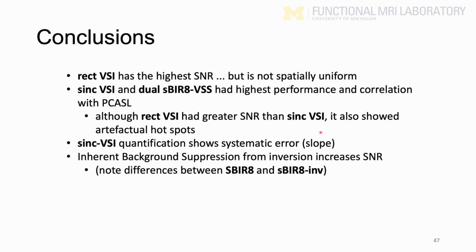But one of them seemed to underestimate the flow a little bit, and the other to overestimate it a little bit. Not too bad. One feature we noticed is that the velocity selective inversion pulses, because they're inverting the magnetization in the stationary tissue, contribute to the background suppression, and that's an advantage. That contributes to the increase in SNR, because they're suppressing the background that contributes to the noise.